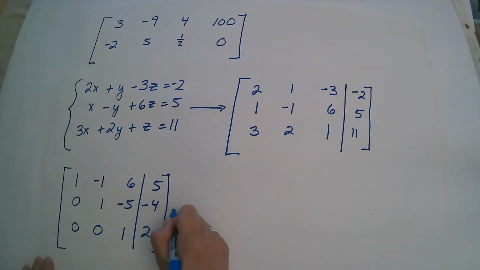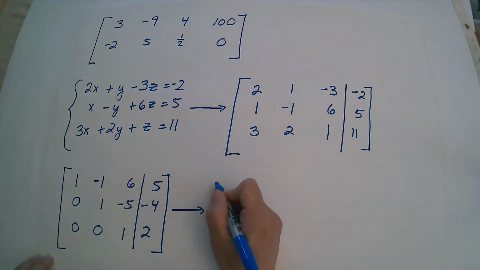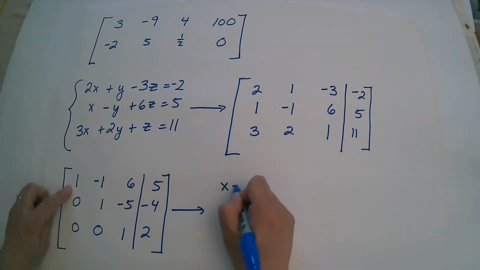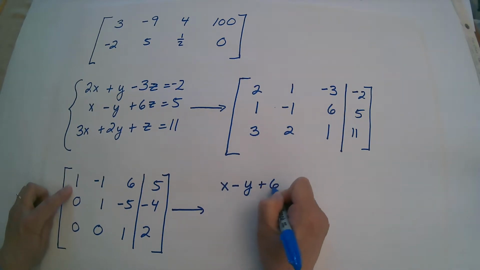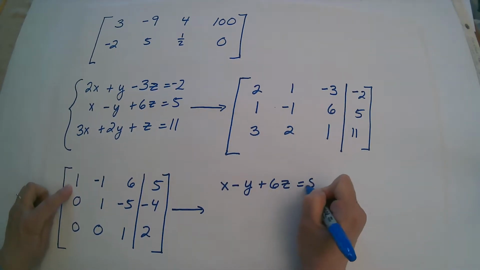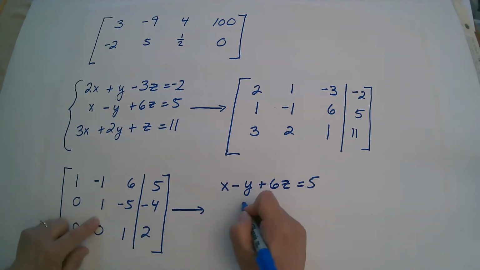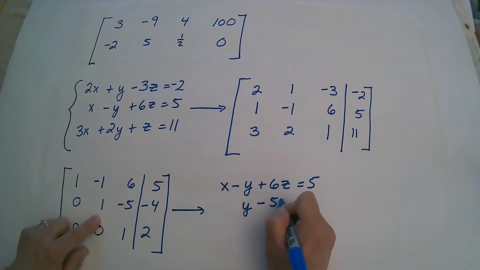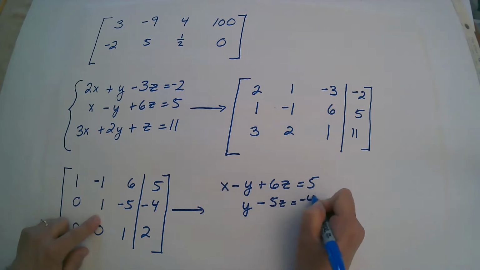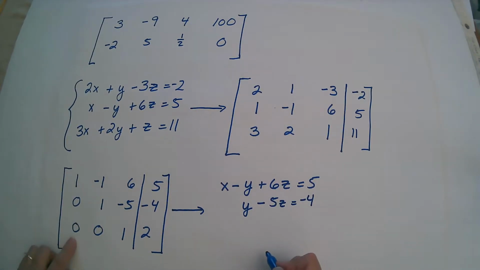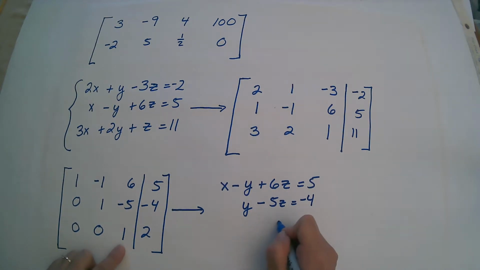Let me write it as a system so you can see the variables and the equations. It would be x minus y plus 6z equals 5, and 0x plus y minus 5z equals -4, and 0x plus 0y plus z equals 2.